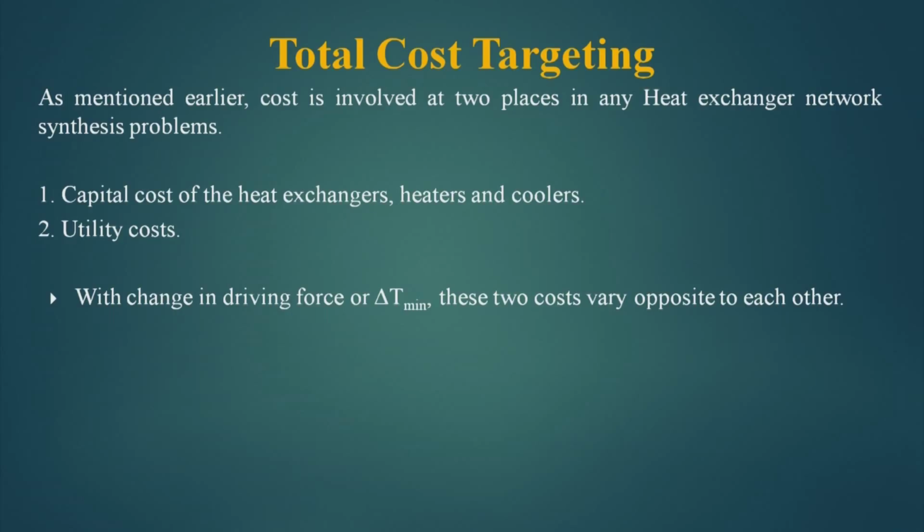With the change in driving force delta T minimum, there are two costs very opposite to each other. As I have already told you, the area of the heat exchanger network is a function of delta T minimum.